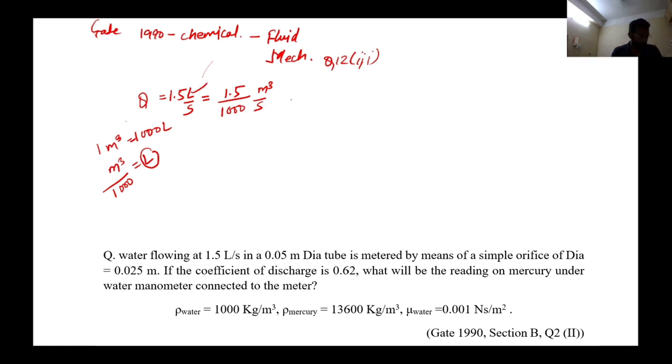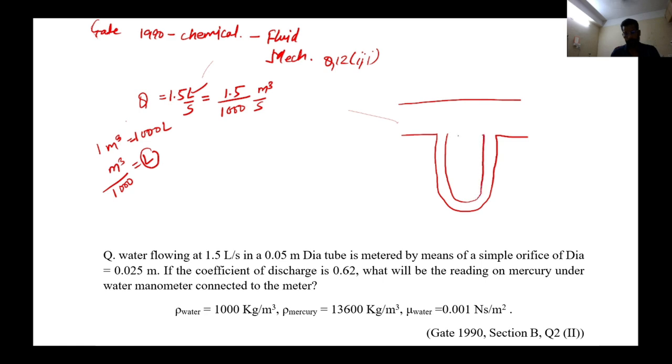So this is in a 0.05 meter diameter tube. This is our pipe along with an orifice meter, and water is flowing.